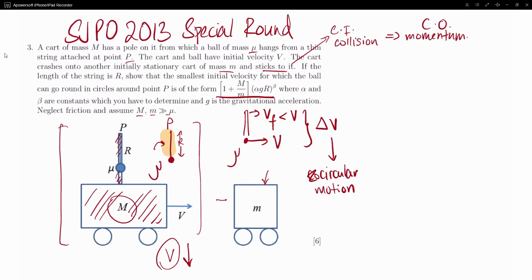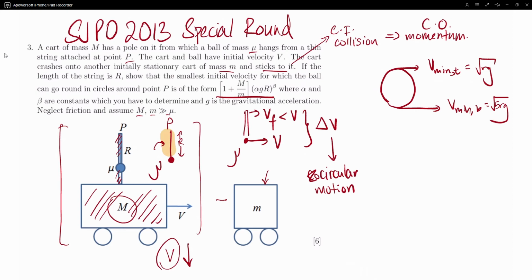And of course, here is a useful result that will help us: the minimum velocity at the top of a circular motion is going to be root rg. The minimum velocity at the bottom of a circular motion is going to be root 5rg if you want to complete this circular motion.